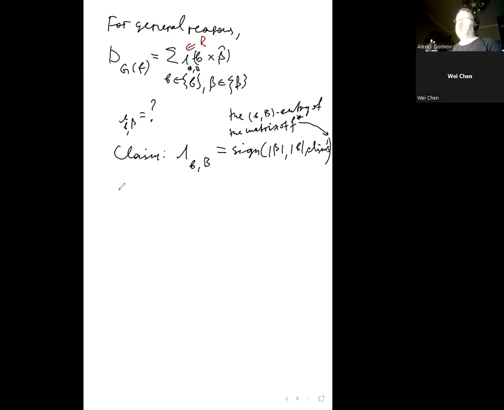The main thing which is written here is that the sign is the same for all beta and b which have the same degree. So the sign does not depend on b and beta individually. It only depends on the degrees of b and beta.